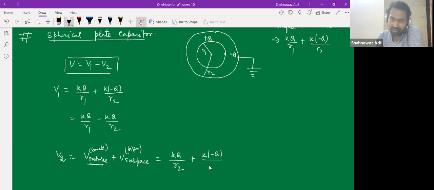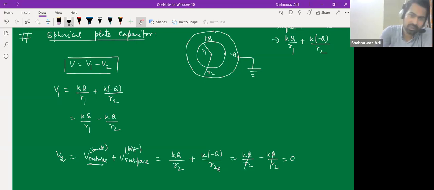So this is KQ by R2 and KQ by R2. That is the meaning of the earthing: the potential at this surface becomes zero, right, guys?